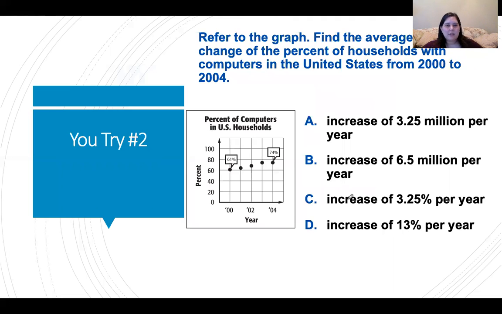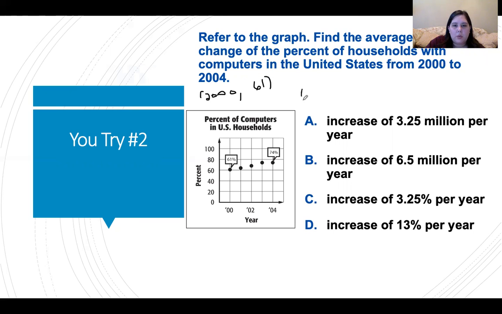All right, so refer to the graph and find the average rate of change of the percent of households with computers in the US from 2000 to 2004. They were really nice here in that they actually gave us the values they want us to use. So if I wanted to write these as coordinate points, I'd write 2000, comma 61.